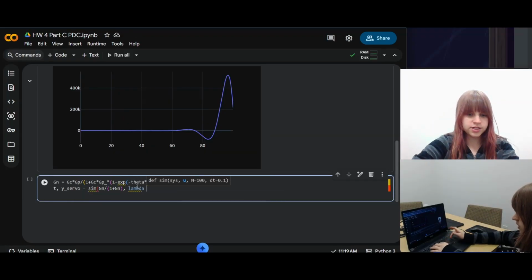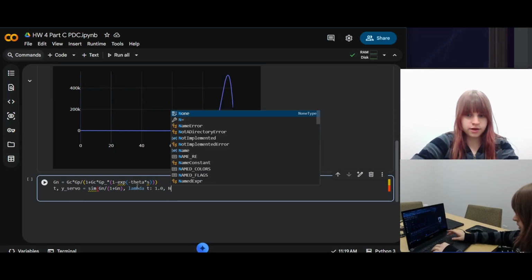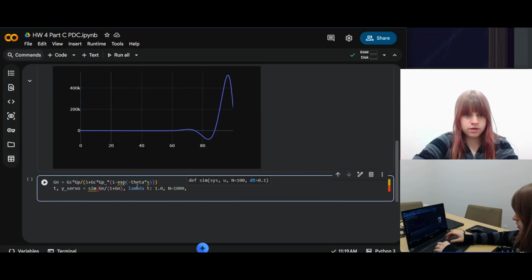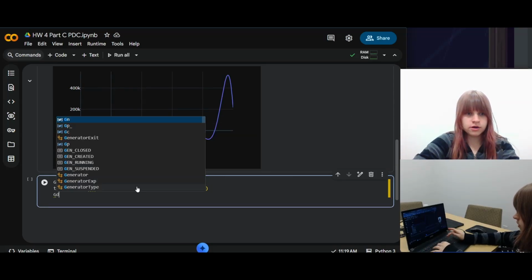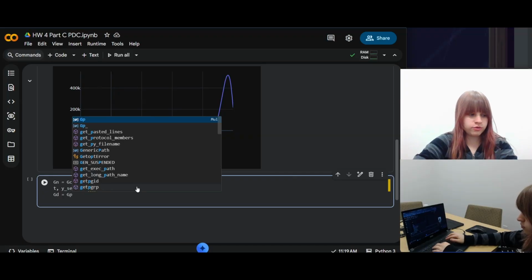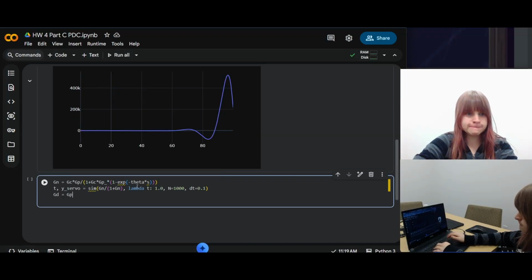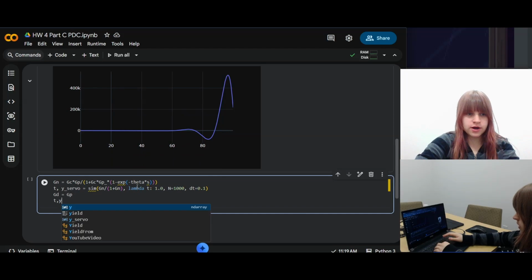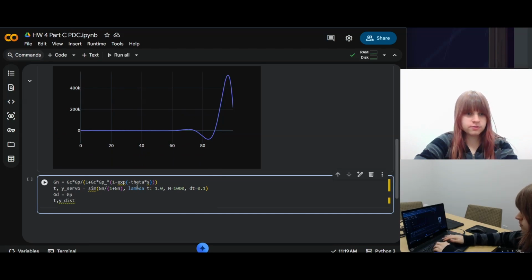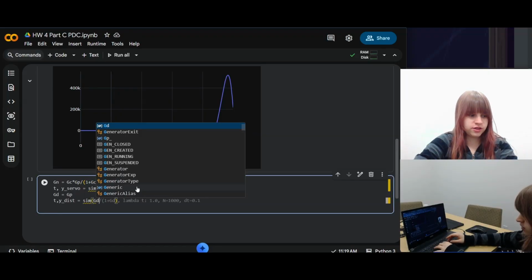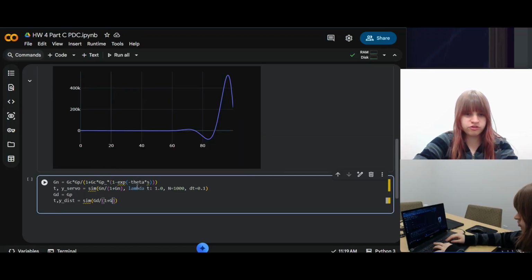We have our lambda, our n, and dt. Our disturbance, we're going to set equal to GP, and then our ty disturbance is equal to the sim GD divided by 1 plus GN.